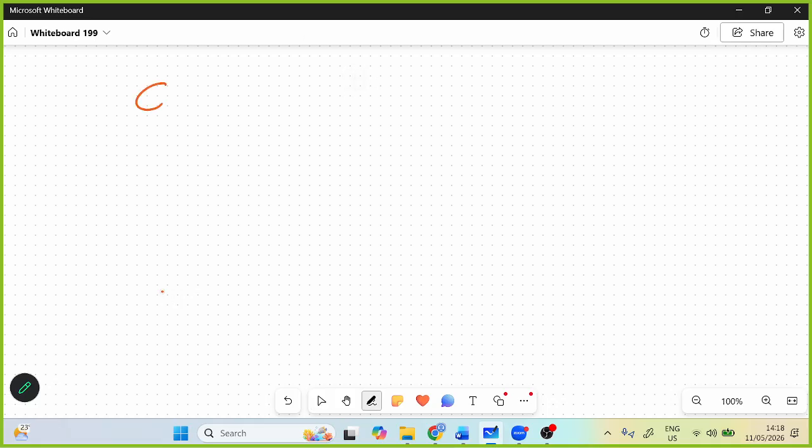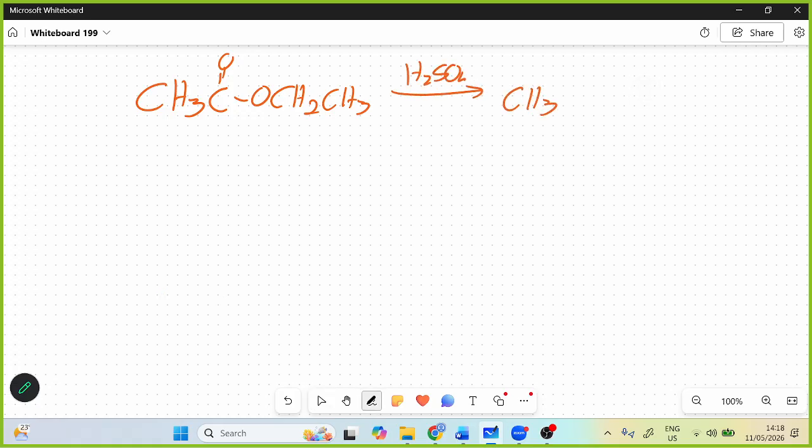Ethyl ethanoate with H2SO4. H2SO4 is the catalyst to give the acid plus the alcohol.